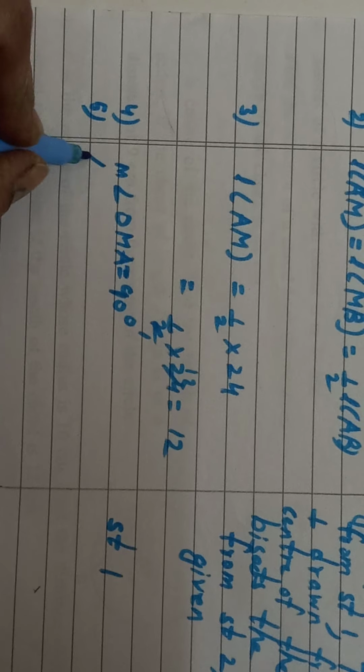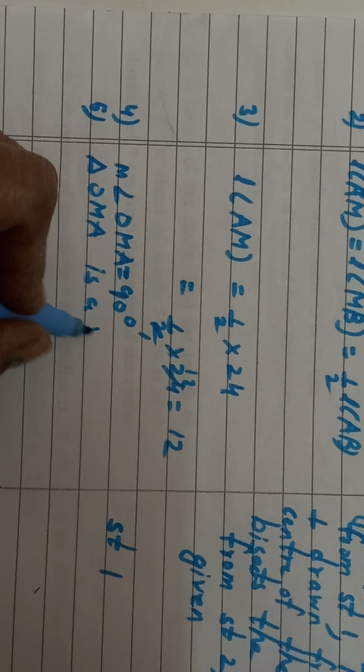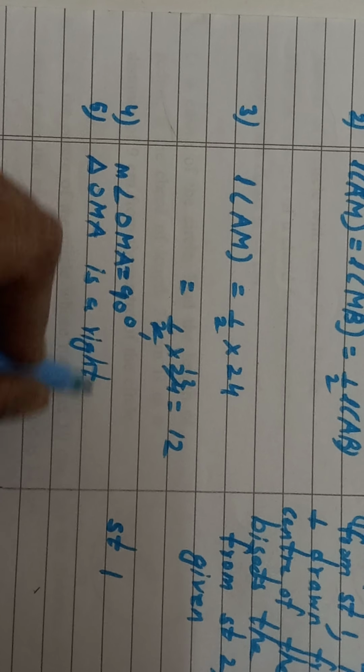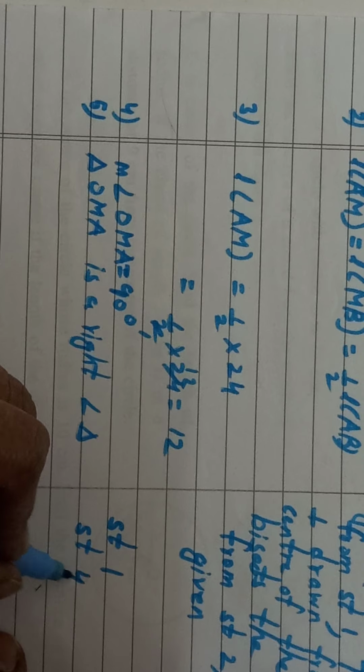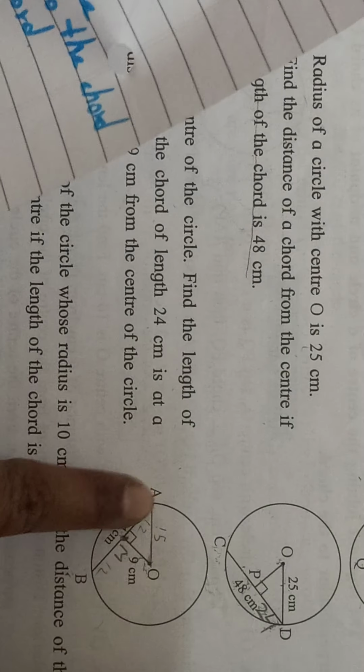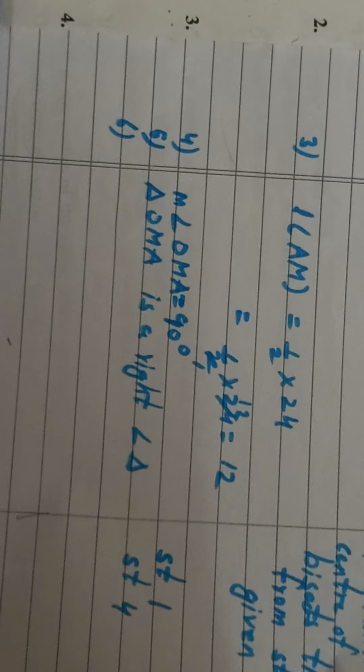Now we will write triangle OMA is a right angled triangle, statement 4. Now we can use Pythagoras theorem. OA square is equal to OM square plus AM square.